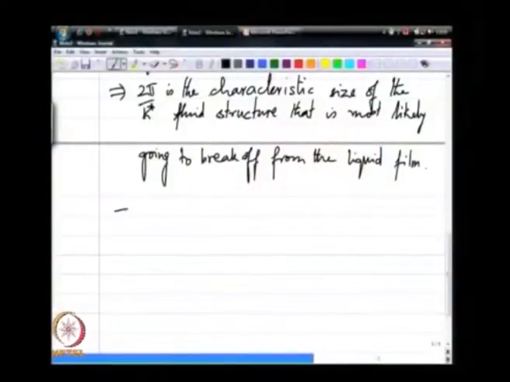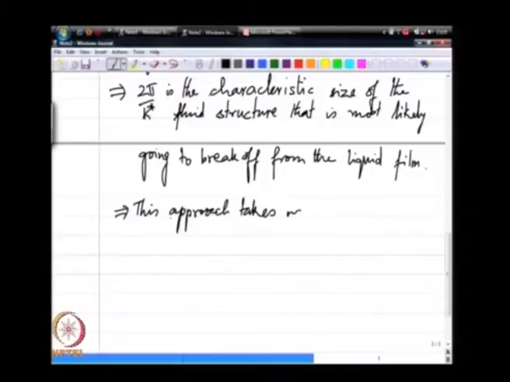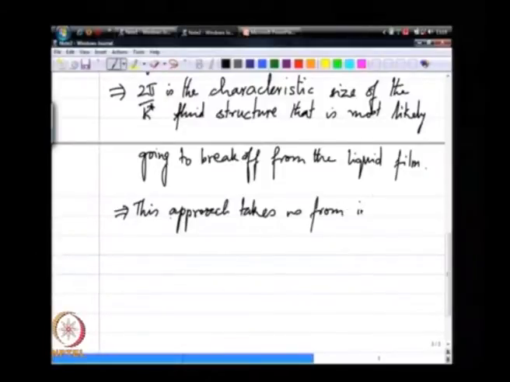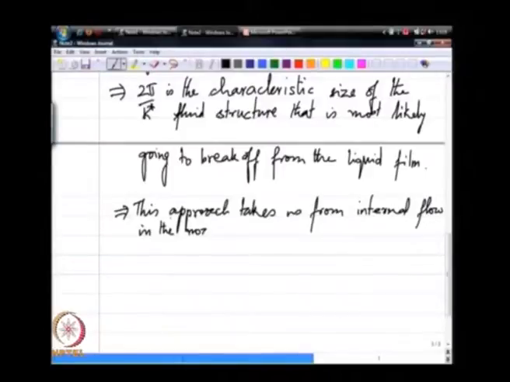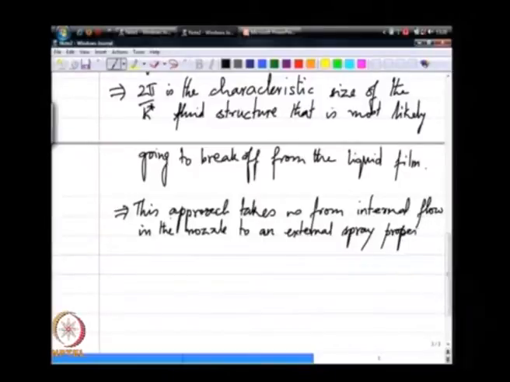So, while this approach takes us from internal flow in the nozzle to an external spray characteristic such as drop size, using only analytical tools for the most part.